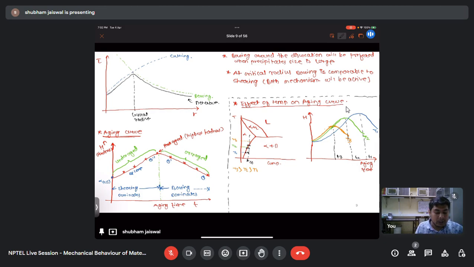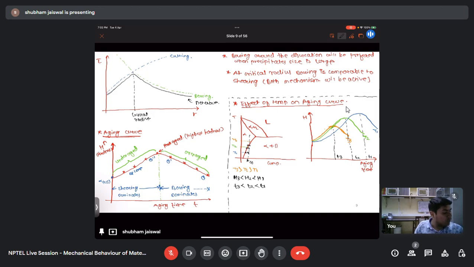So we can see that the T3 is greater than T2 is greater than T1, but the hardness H3 is less than H2 is less than H1. Similarly, the T3 is less than T2 is less than T1.